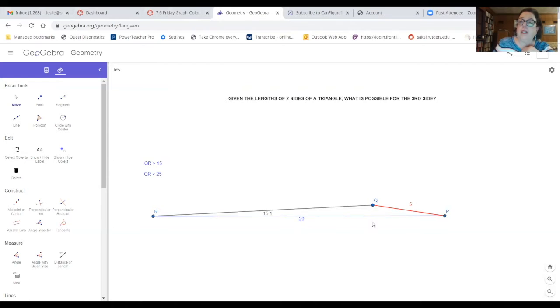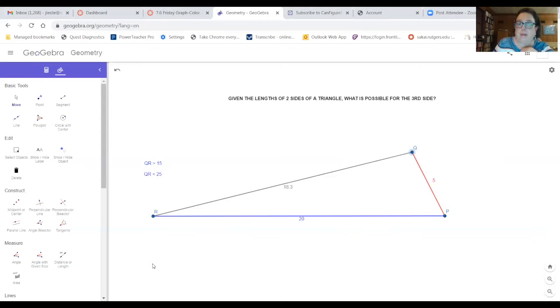And you might have noticed, and I'm going to pull Q up a little bit so you can see it more clearly, that in this triangle, QR has to be less than the sum of these two sides, less than 20 and 5, because that's an upper limit. And it has to be greater than the difference between 20 and 5. So it's got to be less than 25 and bigger than 15.